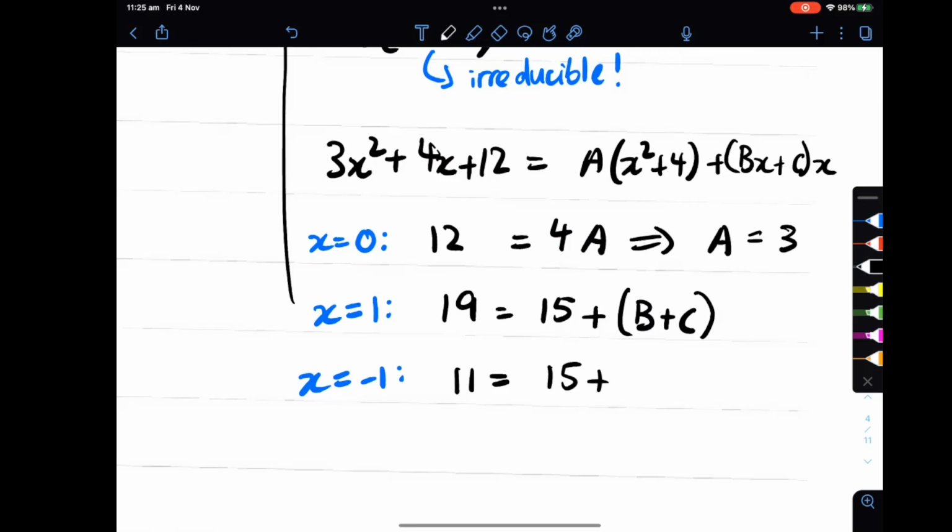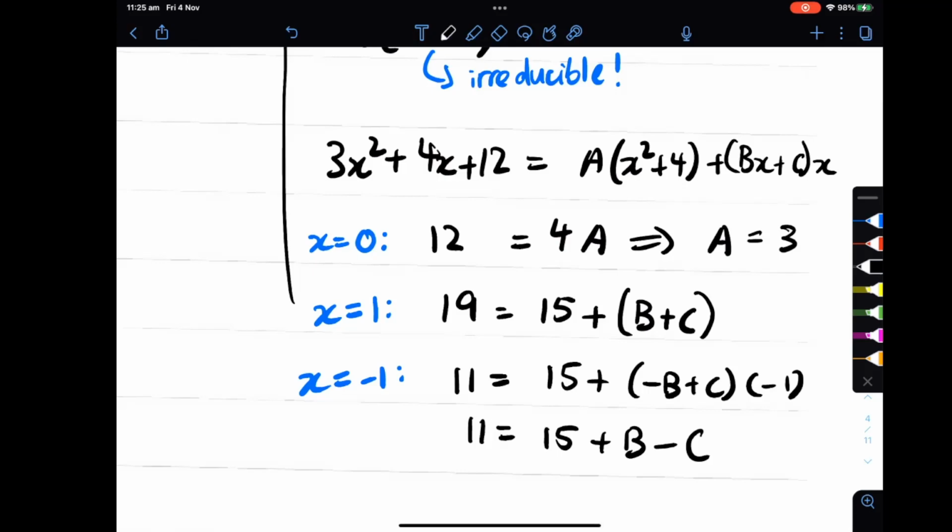And then plus negative b plus c times -1. So this becomes 11 equals 15 plus b minus c, by the looks of it.